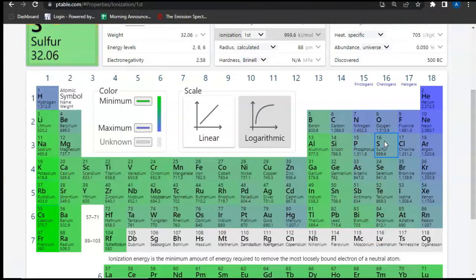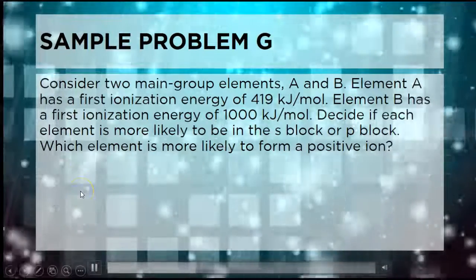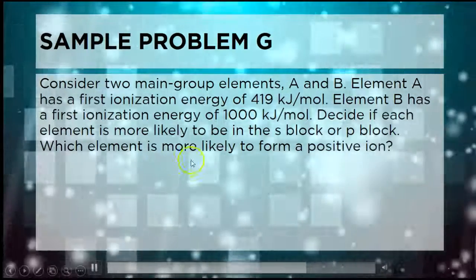Sulfur would prefer to become a negative ion, so it's going to hold on to its electron. Meaning that if I have more electrons, I become a negative ion. If I lose an electron, that's how I become a positive ion. So in that case, the one with 419 kilojoules per mole would be more likely to form a positive ion.